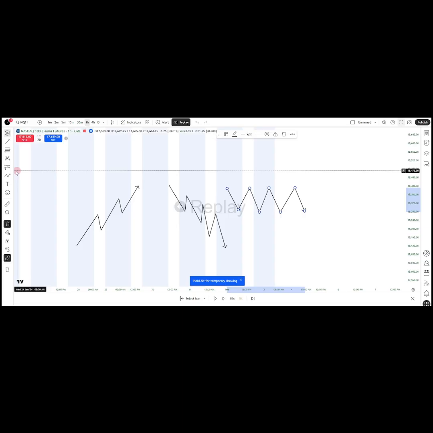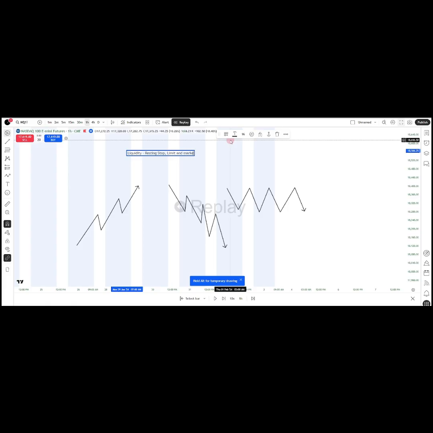So, what is liquidity? They are resting stop, limit, and market orders above highs and lows.